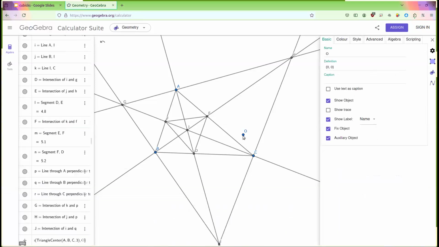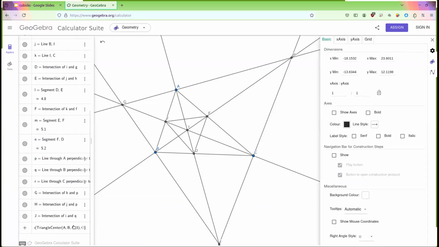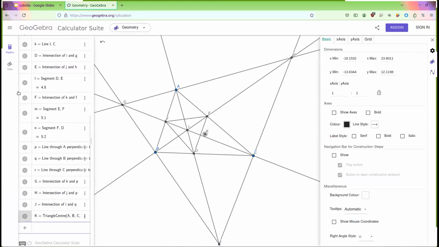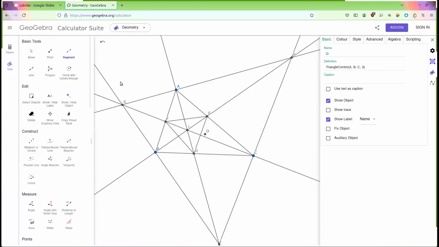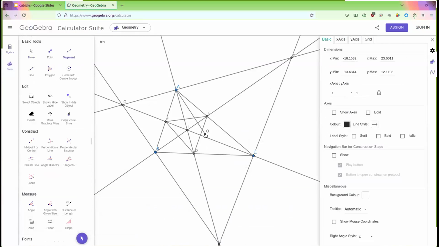Okay, I don't think that does it. Let's call this O. So let's construct the antipedal of O also.